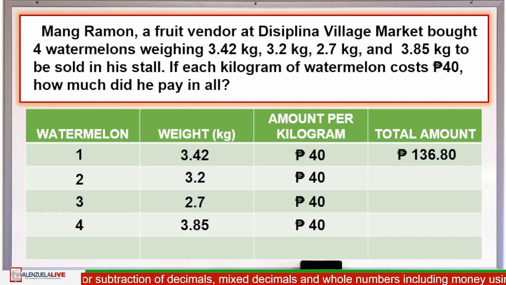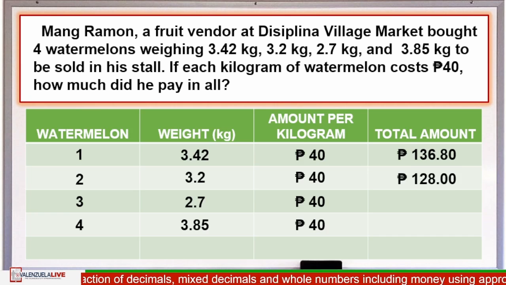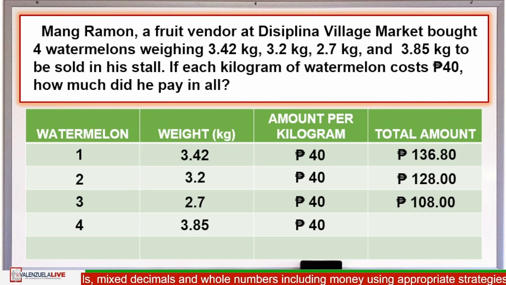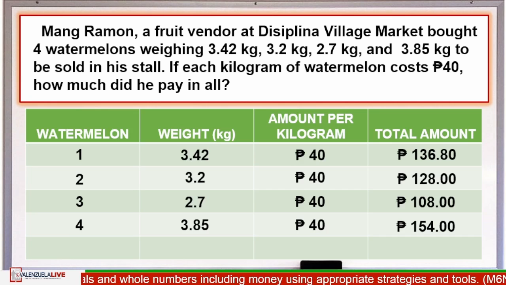Then 3 and 2 tenths times 40 pesos is equal to 128 pesos. 2 and 7 tenths times 40 pesos is equal to 108 pesos. And 3 and 85 hundredths times 40 pesos is equal to 154 pesos.